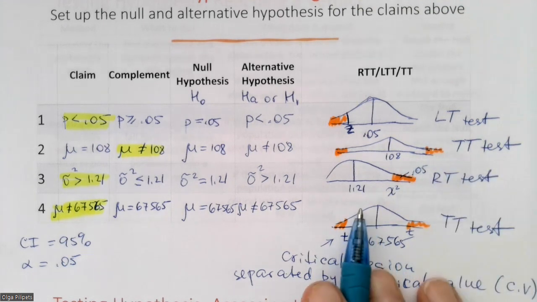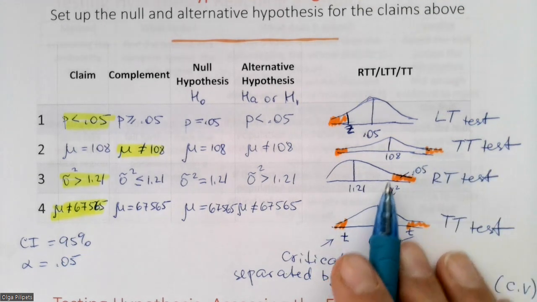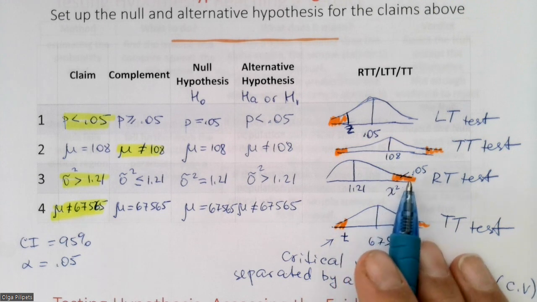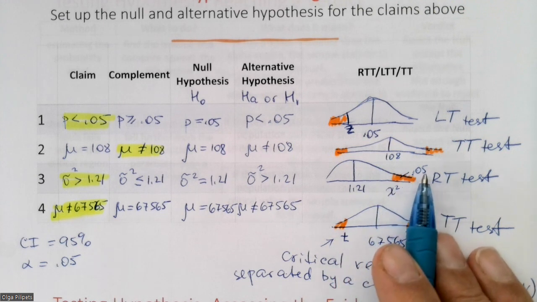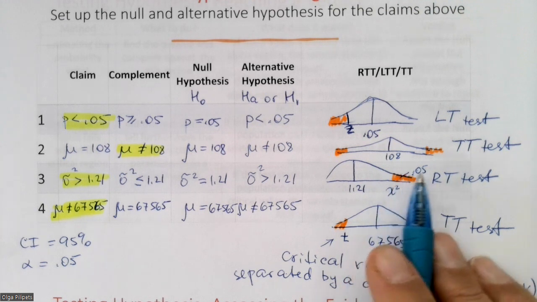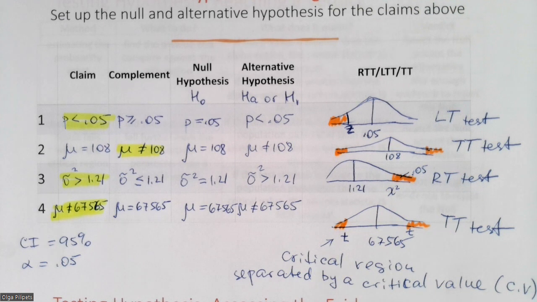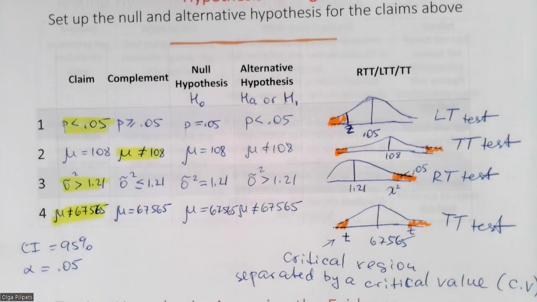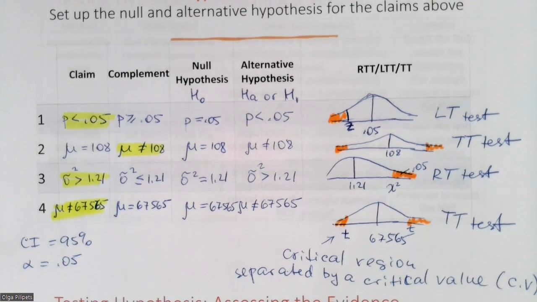You're going to go to your chi-square distribution and find the chi-square value that separates the top 5% of the values, and that's going to be your critical value for this test. And the critical region is 5% because the confidence level was 95%. Okay, so that's what's similar with unit 10.